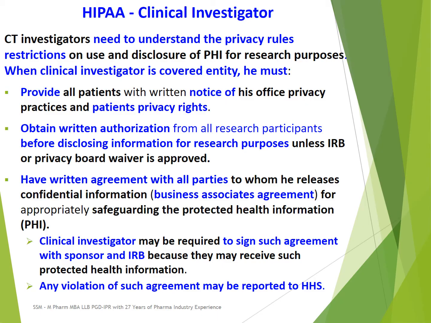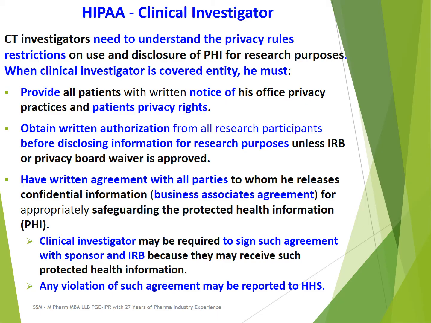Clinical trial investigators should have a written agreement with all parties to whom he releases such confidential or protected health information, and such an agreement is called a business associate agreement for safeguarding protected health information.